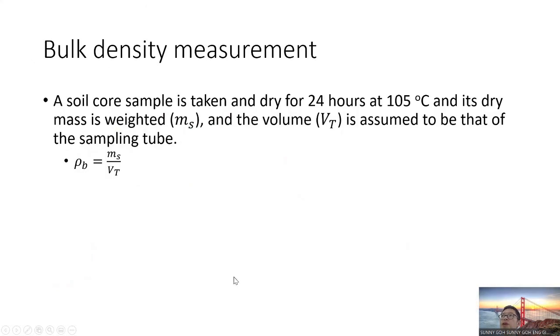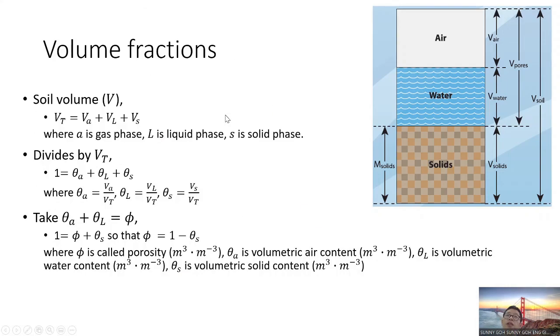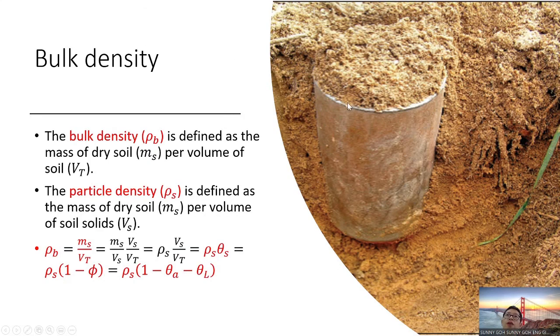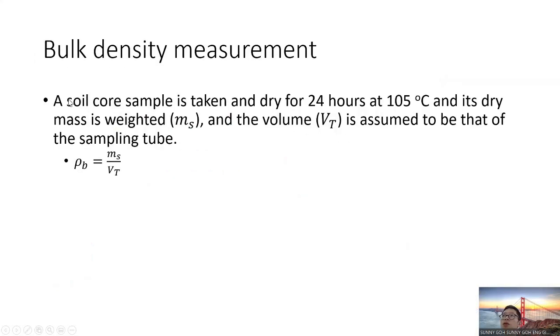All right. So, bulk density measurement. To measure bulk density, a soil core sample is taken, as shown in this picture. We take a cylinder and hammer it down into the soil to take the soil sample. The core soil sample is taken and dried for 24 hours at 105 degrees Celsius, and its dry mass is weighed.